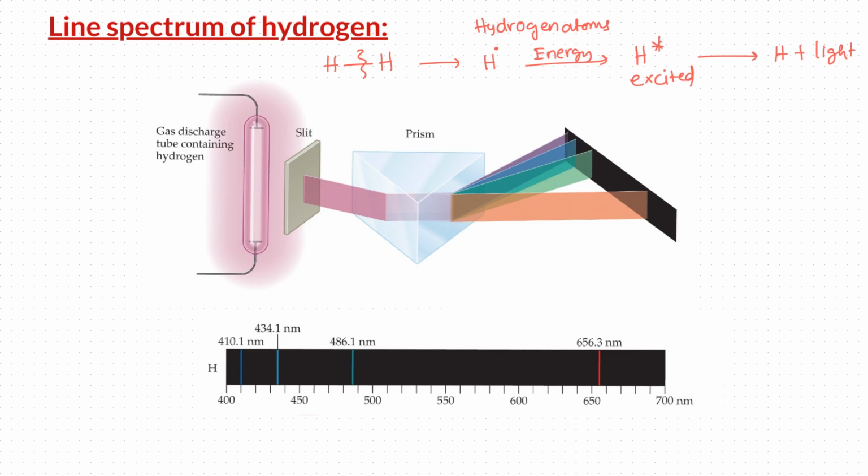The line spectrum of hydrogen contains 4 lines: the first one at 410 nanometers, then 434 nanometers, 486 nanometers, and 656 nanometers.